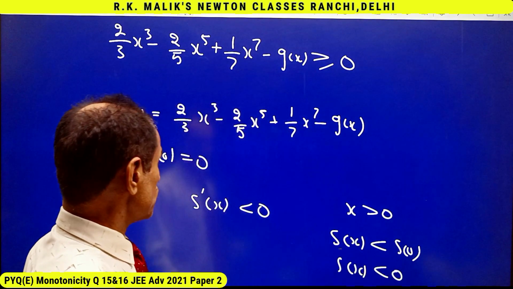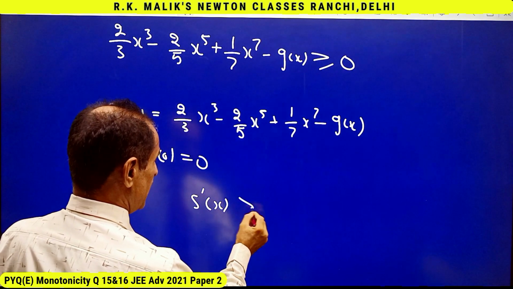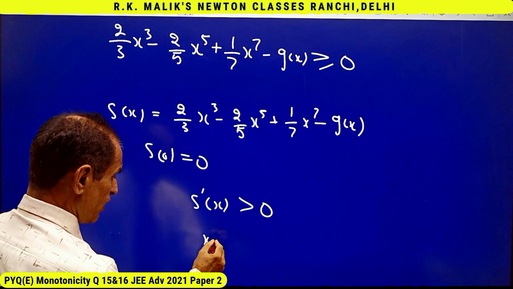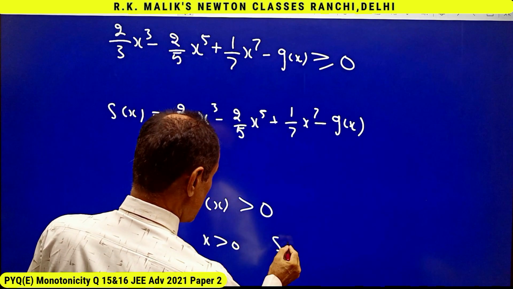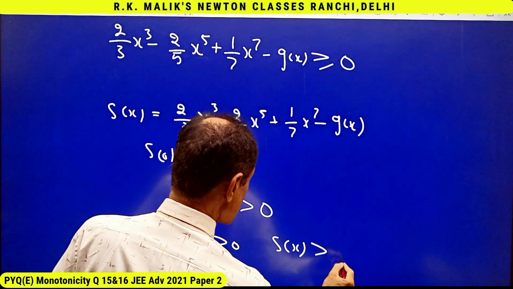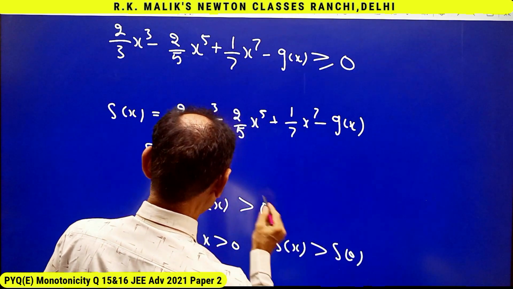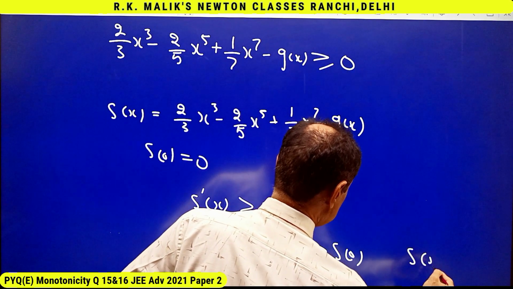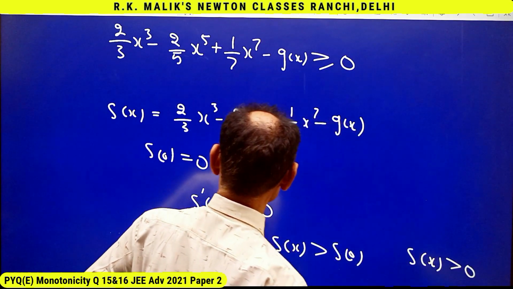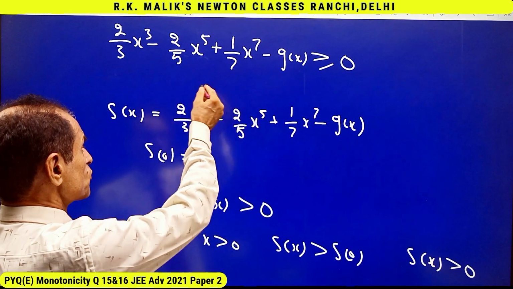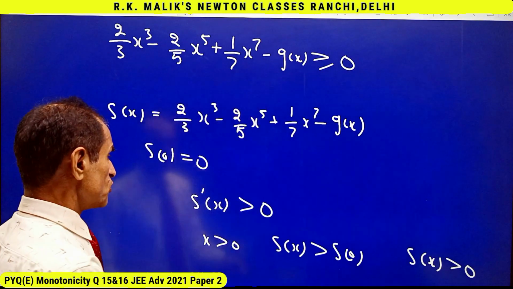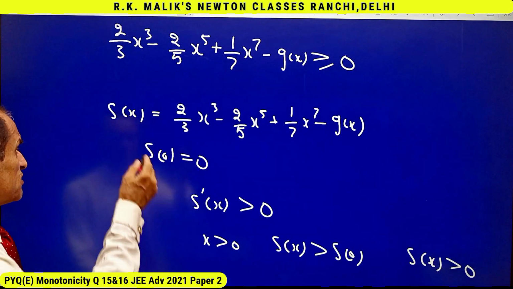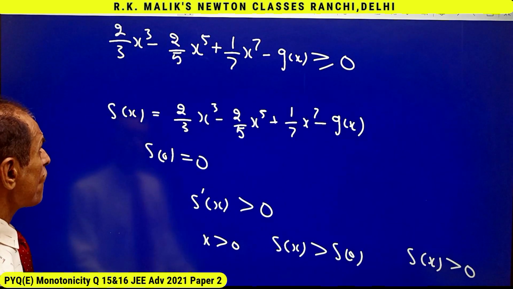I will get this conclusion. And if I find that s dash x is greater than 0, it will mean that for x greater than 0, sx will be greater than s0, and s0 is clearly 0. Hence, I will get the conclusion that sx is greater than 0. That is, I will get the conclusion that this is greater than 0.